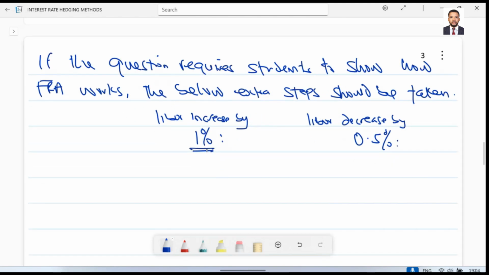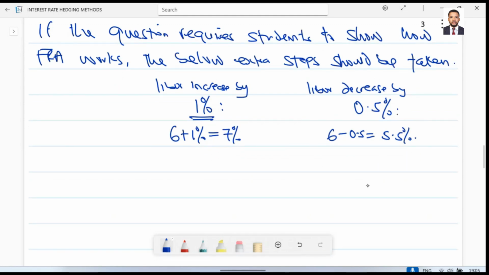Now, if labor is increasing by 1%, what it simply means is that my current labor is how much? 6 plus 1%, which is 7%. If labor is reducing by 0.5, meaning 6 minus 0.5, which is how much? 5.5%.